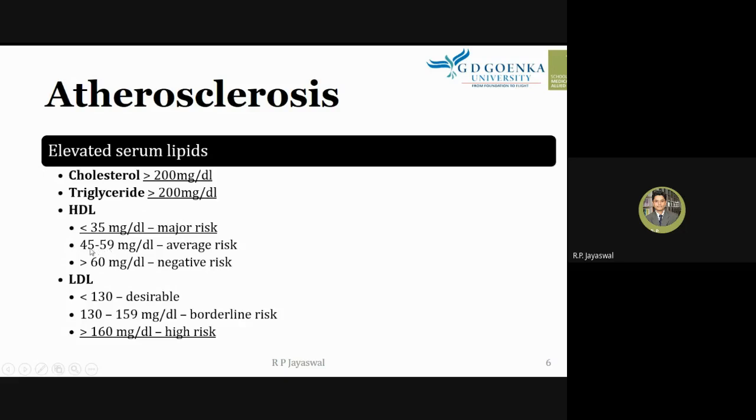If the HDL value is 45 to 59, it's average risk, and if the value is more than 60, there is a negative risk. There is no risk. So HDL value more than 60 mg per dl, there is no risk of atherosclerosis or coronary artery disease. But if the value is less than 35 mg per dl, there is a major risk of developing atherosclerosis, which progresses to coronary artery disease.